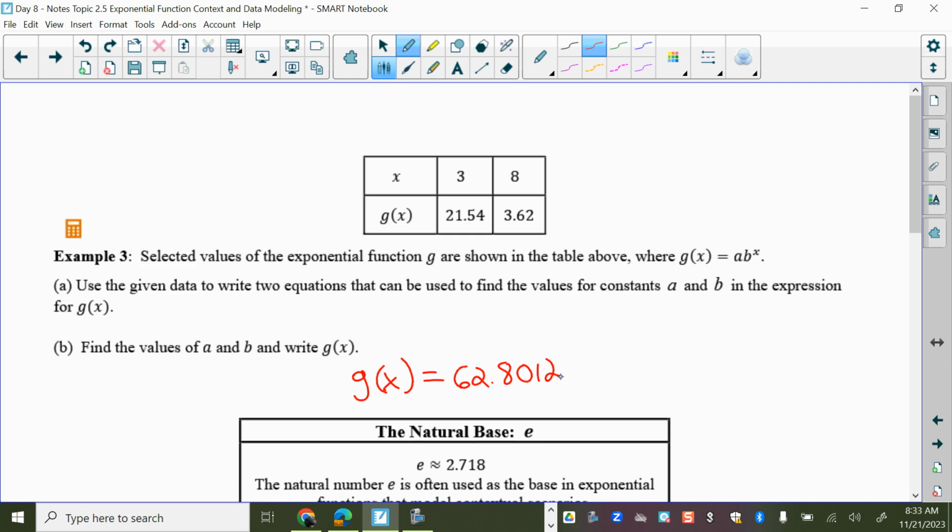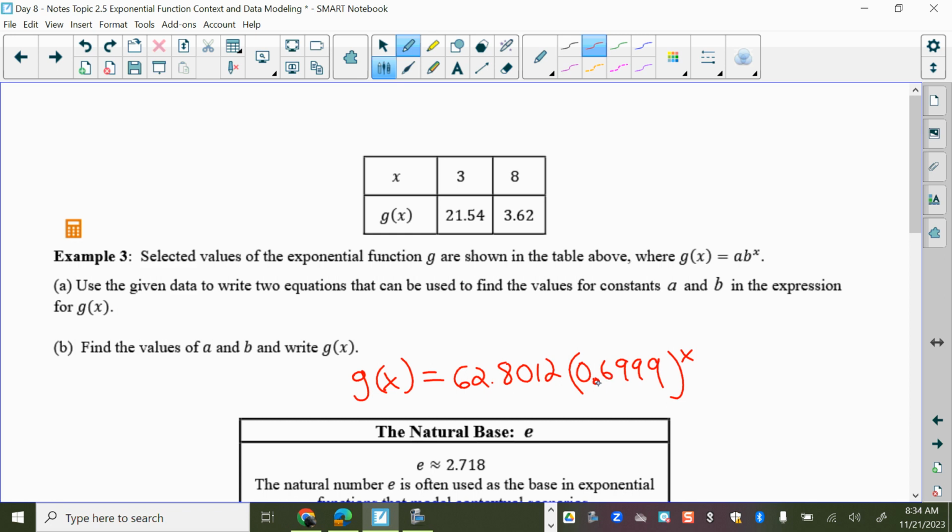Is that good? Do other people agree? All right. And then my b value is 0.6999. Technically, I guess you could put 0.7.